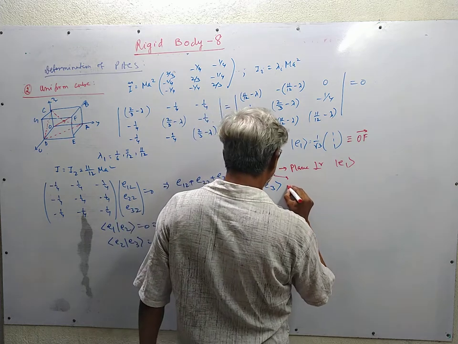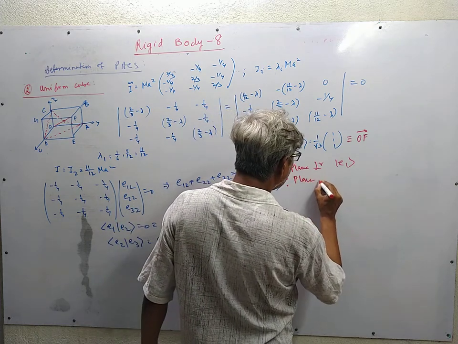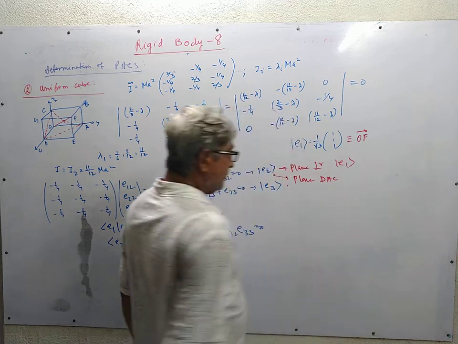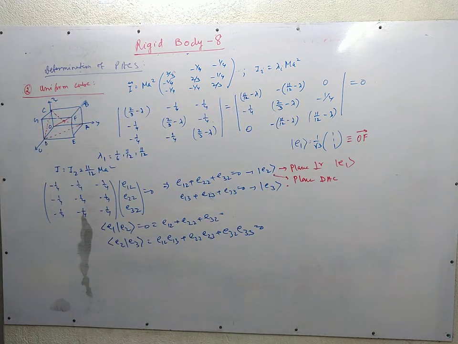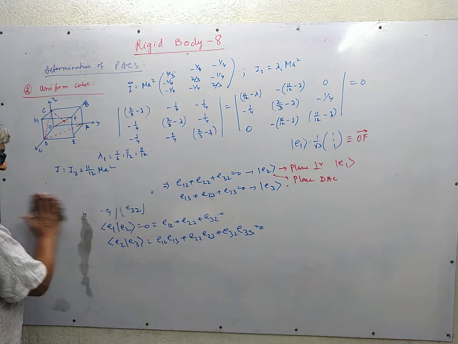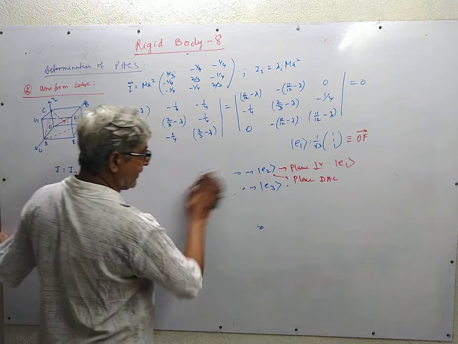So the E2, E3 vectors lie in the DAC plane, and since it is perpendicular to OF, we need not worry much about this. The only thing is that E1, E2 and E3 must be mutually perpendicular.